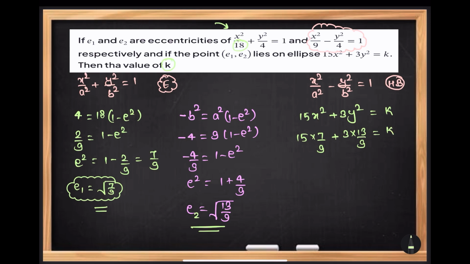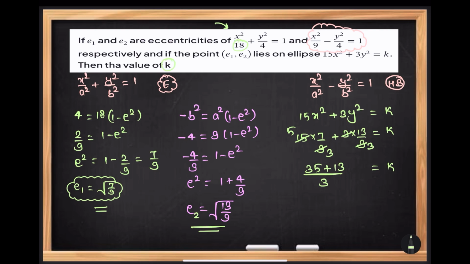Now you can simplify this situation like it is 5 times, it is 3 times, 3 3s are 9. So it is 35 plus 13 by 3.